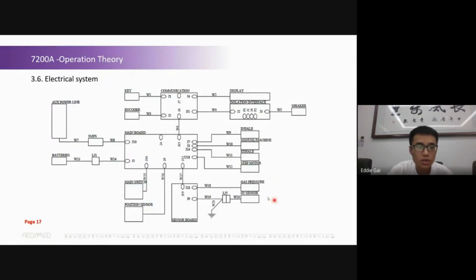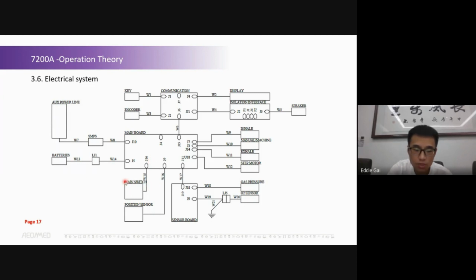Okay. Next part is the electrical system. All in all, the electrical system is the main board getting the signal from sensors and giving the signal to control the valves and get power from battery or the AC power.